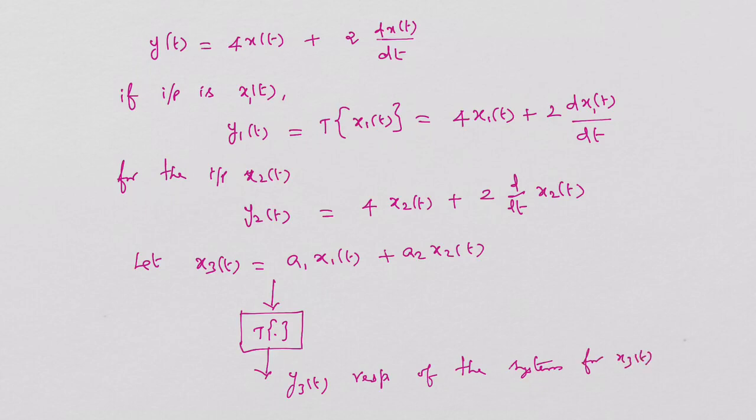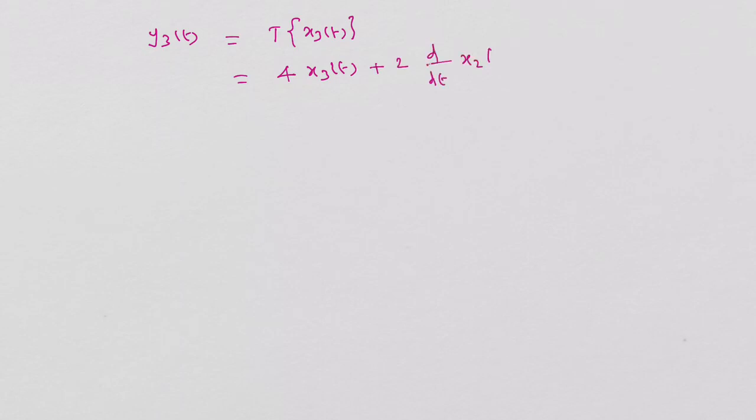Let us calculate what y3 of t is now. y3 of t will be simply the transformation of x3 of t applied through the system. What is the transformation formula? 4 times the input and 2 times the rate of change of the input. What is x3 of t originally? It is generated as a linear combination of two signals weighted by the quantities a1 and a2.